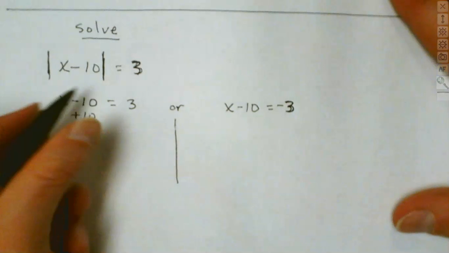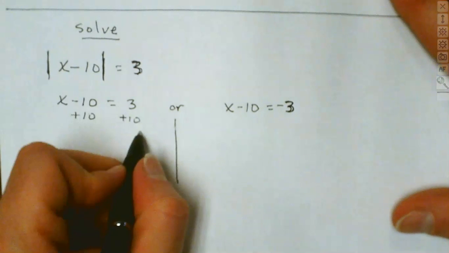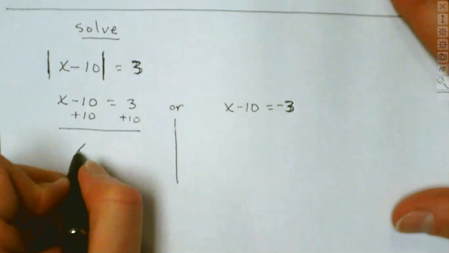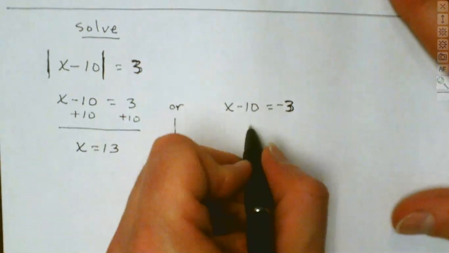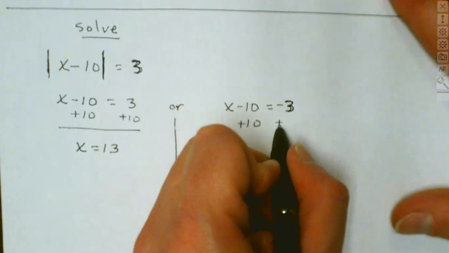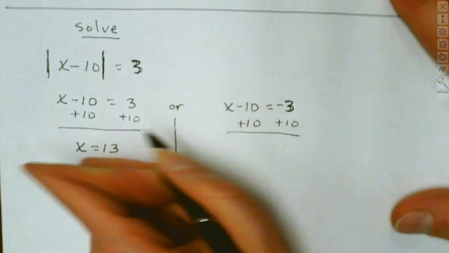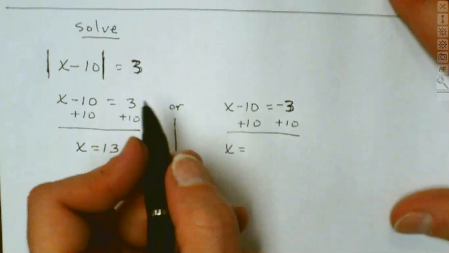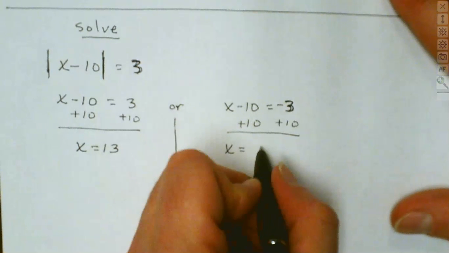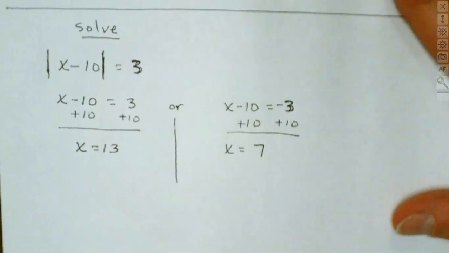So now I add my 10, and one of them is x equals 13. The other one, I add my 10, and that gives you x equals now, adding that over, a positive 7.